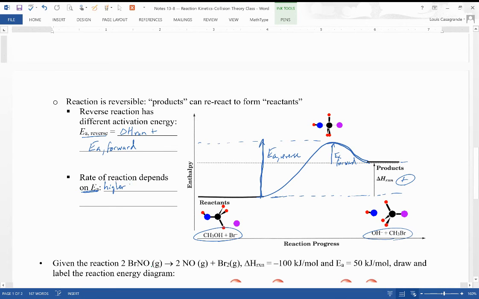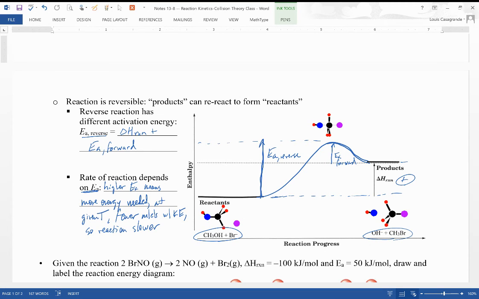So higher EA means more energy is needed. And at a given temperature, there are fewer molecules with the needed kinetic energy, and so the reaction is slower. And we will delve more into this in the next lesson.